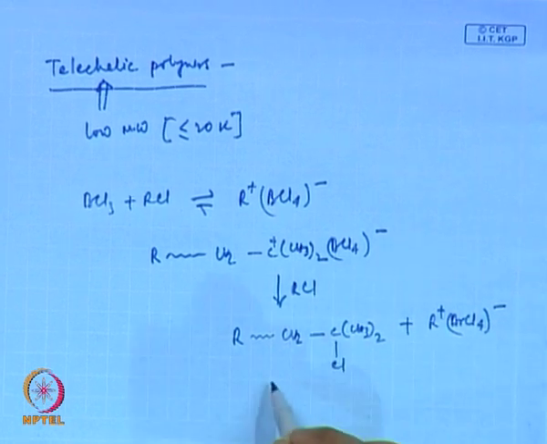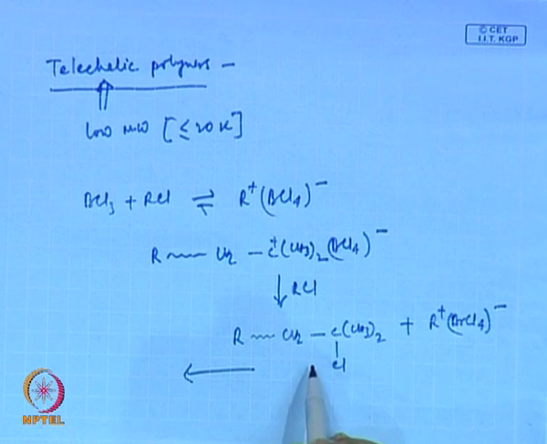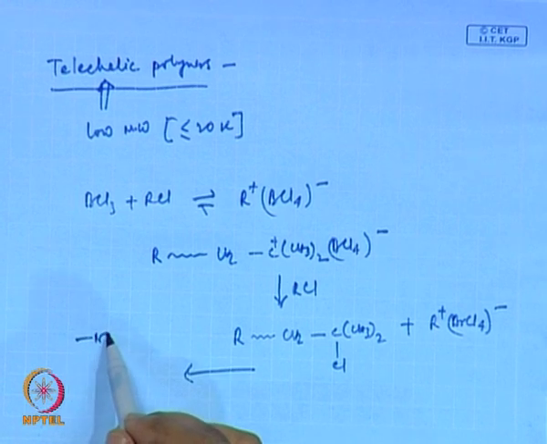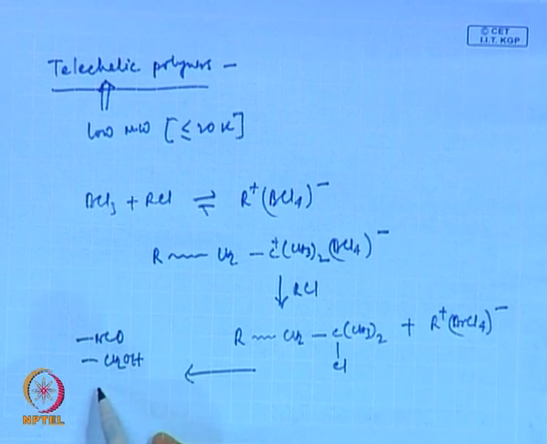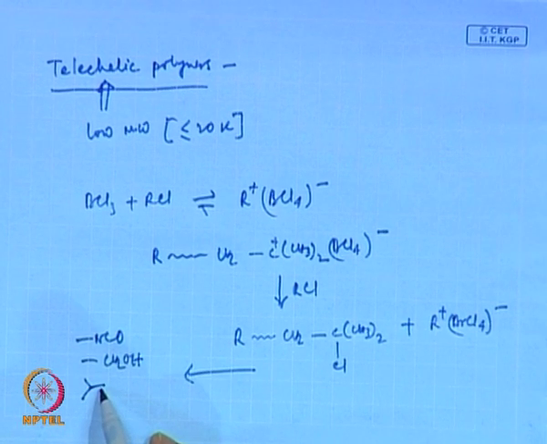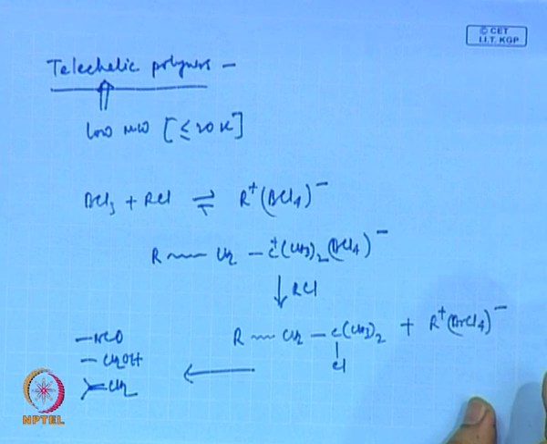Now, this chloride can be utilized and reacted to form several types of end groups, like NCO or CH2OH or allylic groups or something like that.